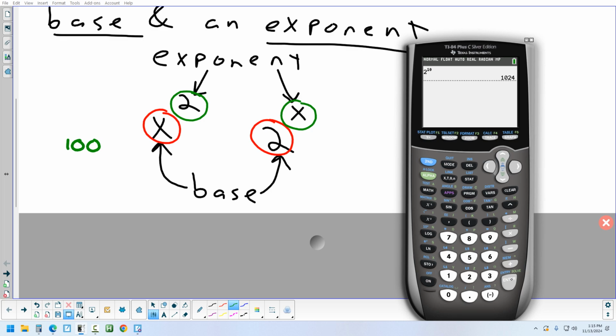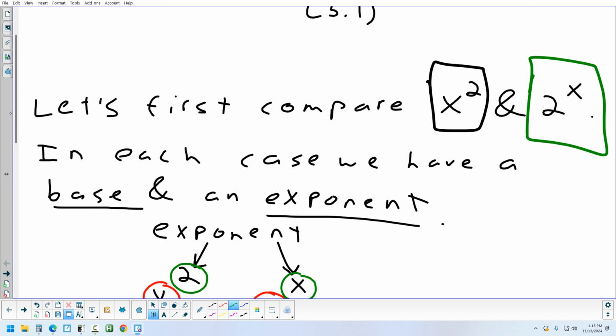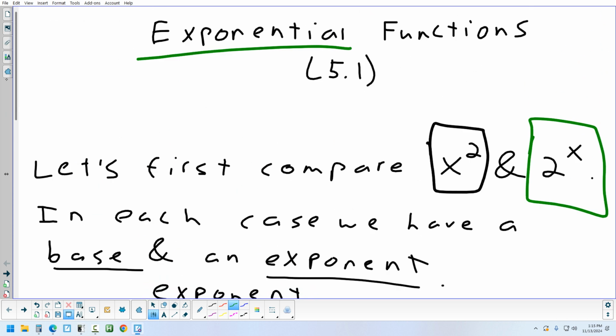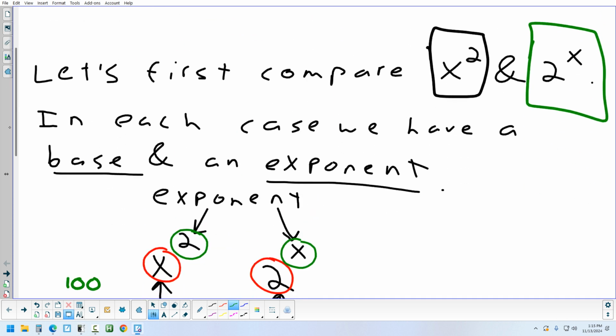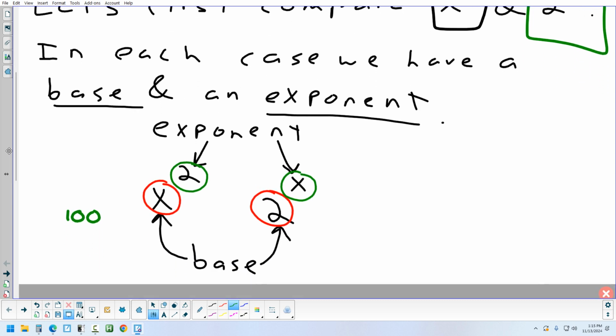And the bigger you start making x, the bigger and bigger the difference is going to be. Okay? Anything with a variable in the exponent is going to go up a lot faster than something that doesn't. Okay, so any question on the difference between these two?